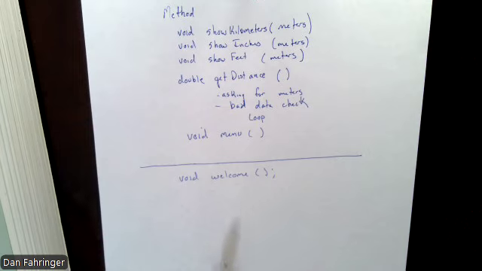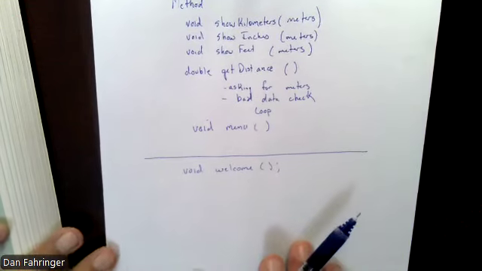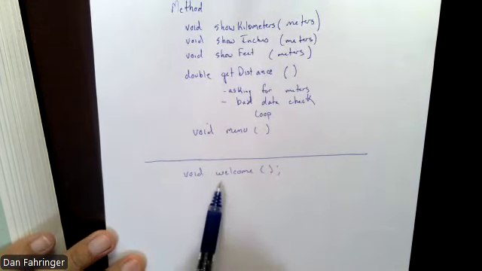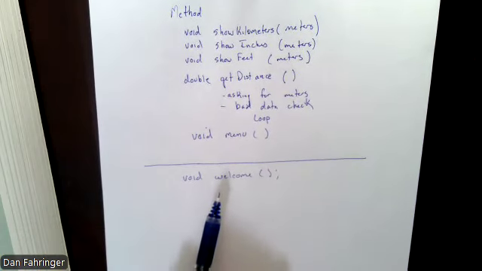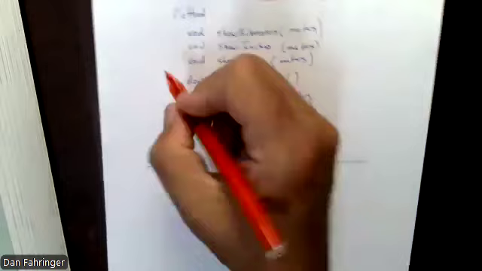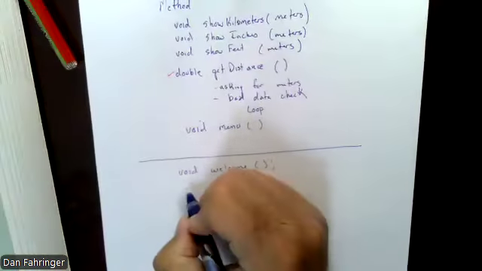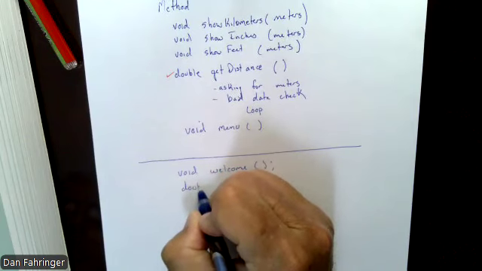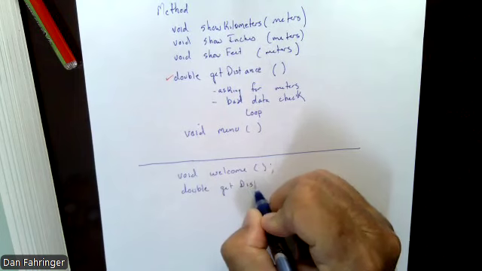We are going to do such and such. I come out of here and then the next thing is I need to get distance. I'm going to get my distance, a double, getDistance.